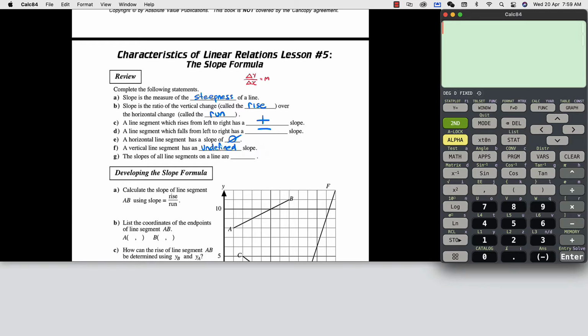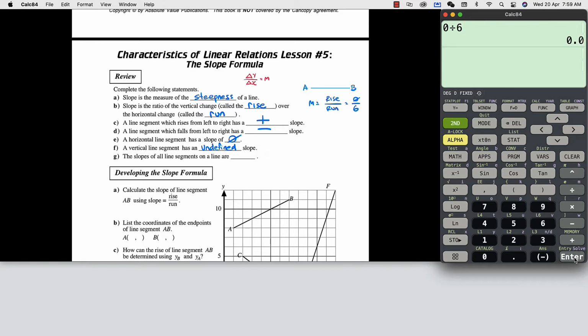Now, if this question was on the test, the easiest thing to do is just to realize that if I have a horizontal line like this, and we'll call that line segment AB, and we're to look at the rise over run and recognize that it's not going up and down, so it's got a rise of 0, and the run would be whatever the distance is between A and B. So we'll just put, for example, 6 right here, and if I go onto my calculator and hit 0 divided by 6 and hit enter, it gives us an answer of 0.